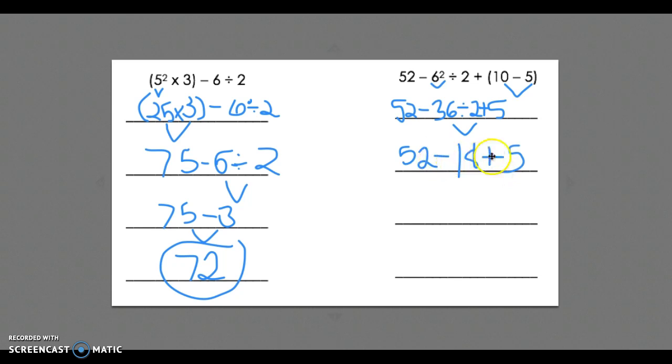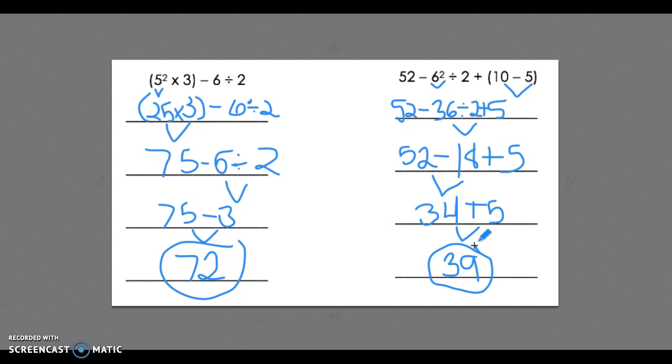Now I'm left with adding and subtracting, so I'm going to work left to right. 52 minus 18 is 34. I'm going to rewrite my problem, plus 5. 34 plus 5, drum roll please, is 39. Isn't math fabulous?